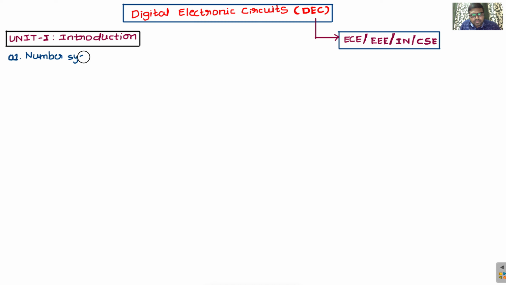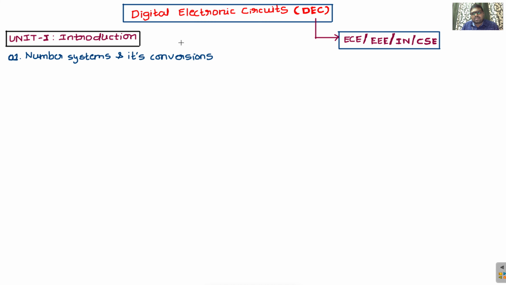That means we have various number systems like binary, ternary, quaternary, octal, decimal, and hexadecimal number systems. Conversions mean converting one form of number system to another.